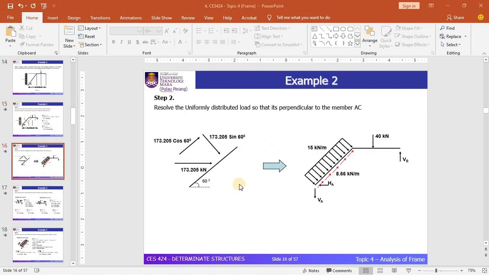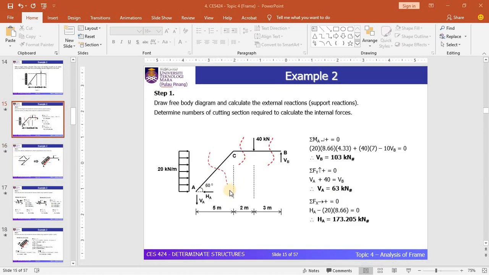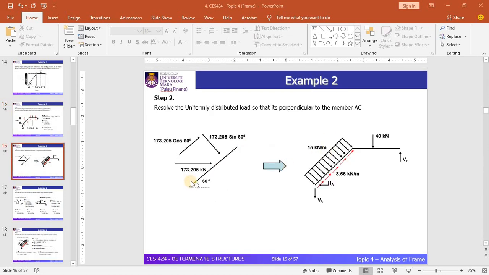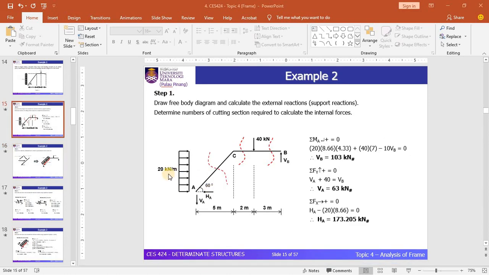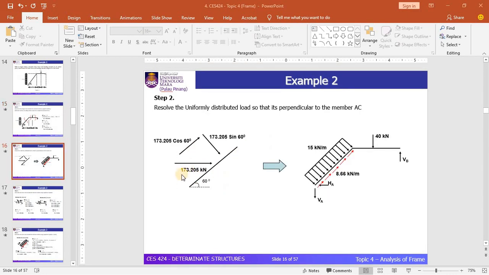This height is equal to, if I'm not mistaken, 8.66 meter. By multiplying the UDL with 8.66 meter, the height of this frame, you get a point load of 173.205 kilonewton, which is acting at the mid of this member.